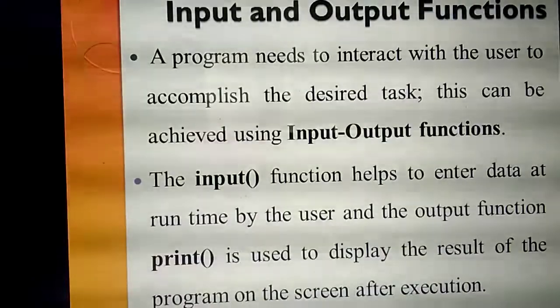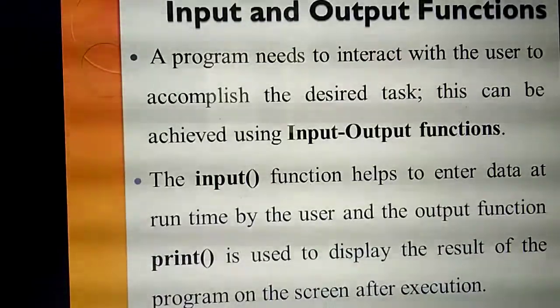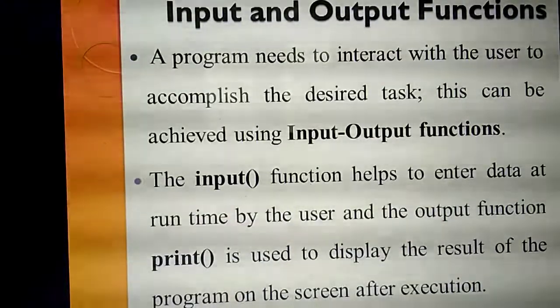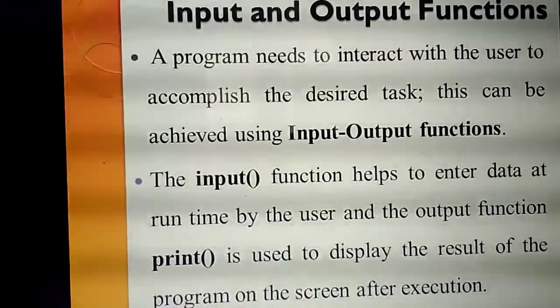What output am I expecting? You need to study your lessons. First, you need to listen to the class, understand the concepts, and study thoroughly. You need to write the exam well and I'll expect good marks from you. That is called output. Understood? That is what input and output mean.